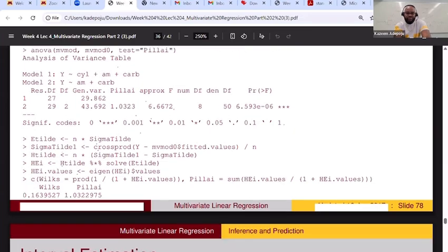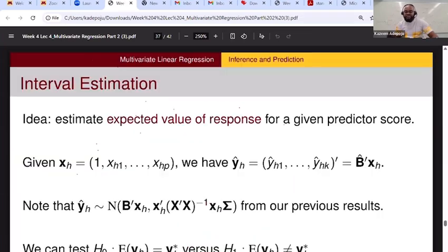Now I'm moving to interval estimation. When we were dealing with a single response, we had a prediction and an interval for the prediction, and the prediction can be individual or average. The average one is called the interval estimation.